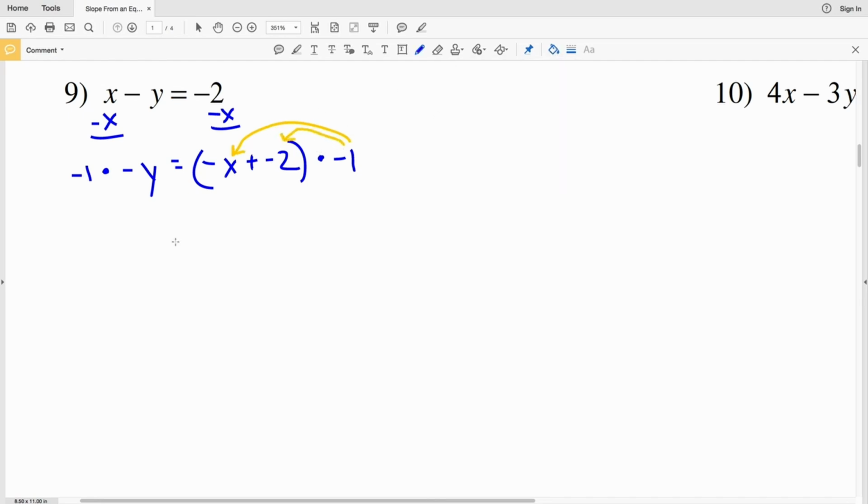So on the left-hand side, we'll have a positive y, and on the right, we'll have a positive x plus a positive 2. Since negative 1 times negative x is a positive x, and negative 1 times negative 2 is a positive 2. So since y equals x plus 2, x is the same as 1 times x, so our slope is 1.